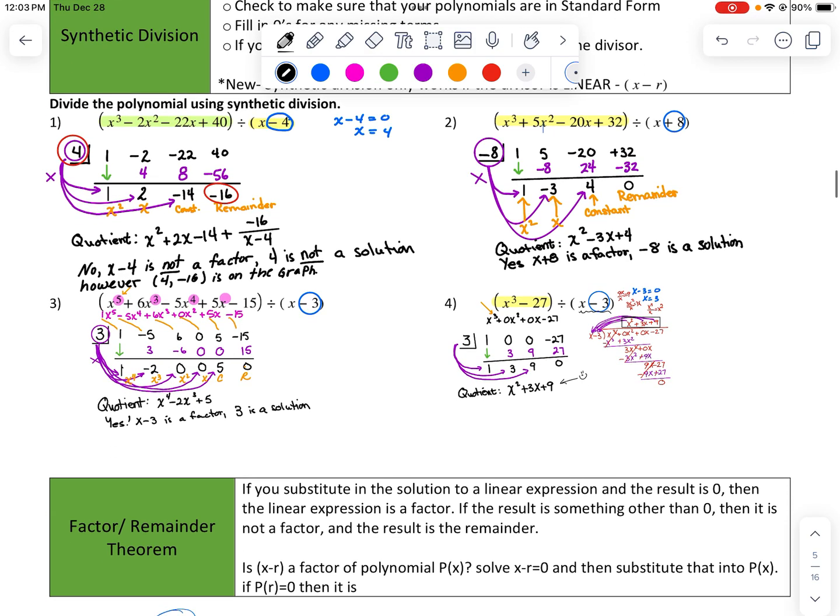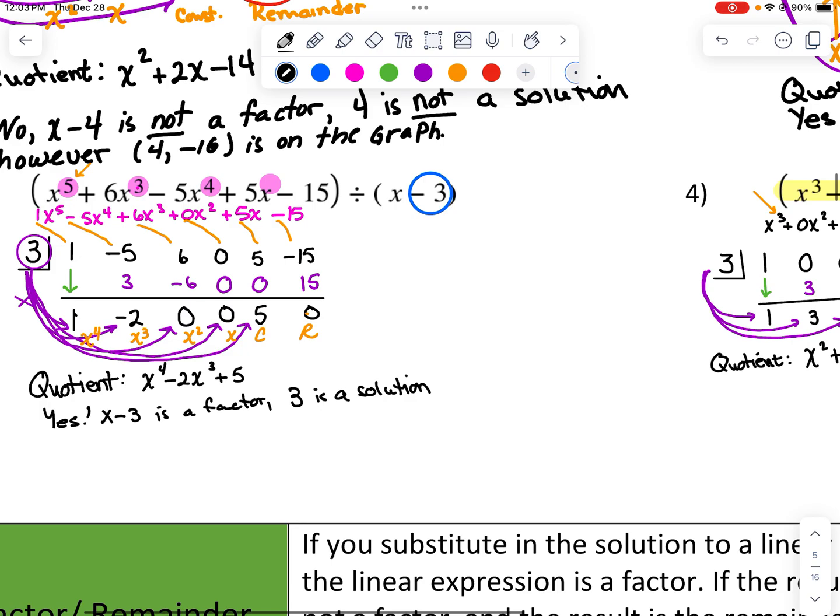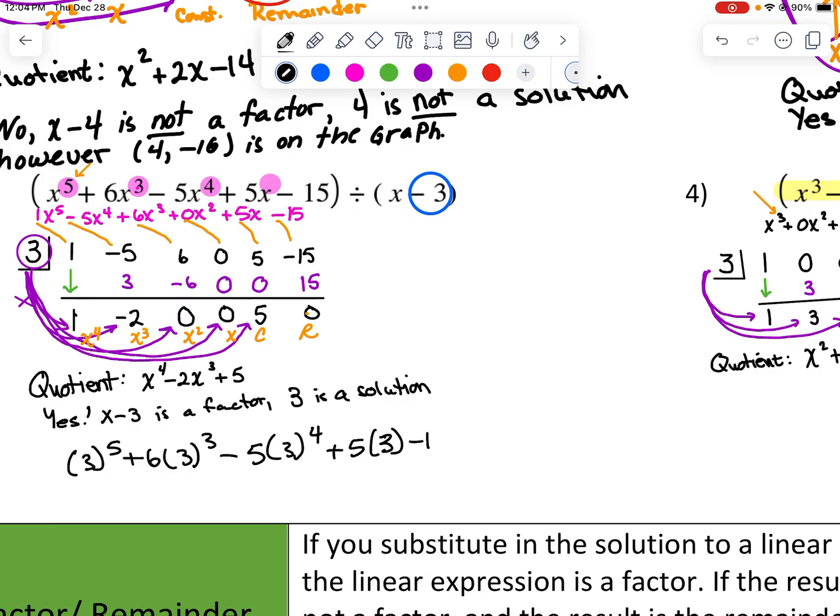Let's do this one. If we wanted to check 3, we could have said 3 to the 5th power plus 6 times 3 to the 3rd power minus 5 times 3 to the 4th power plus 5 times 3 minus 15. If we put that in our calculator, we should get 0.